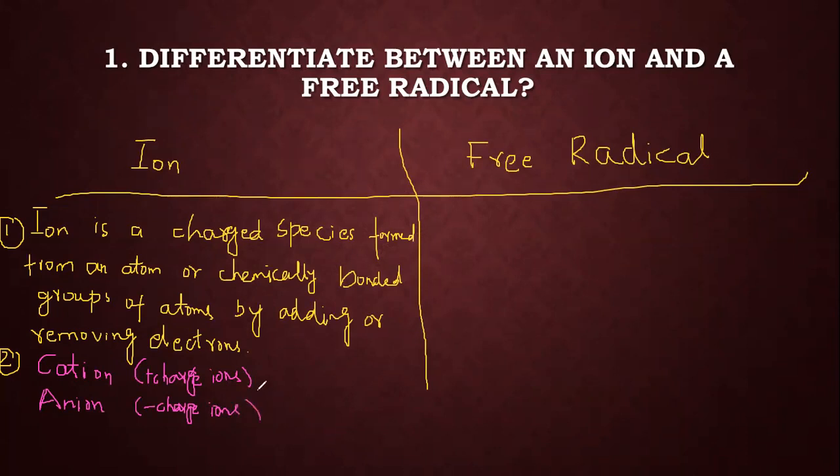Now the examples of cations are sodium positive, calcium 2 positive. I will discuss further what is the meaning of single positive and 2 positive in the further lecture. And the anions are oxygen negative 2, chlorine negative.